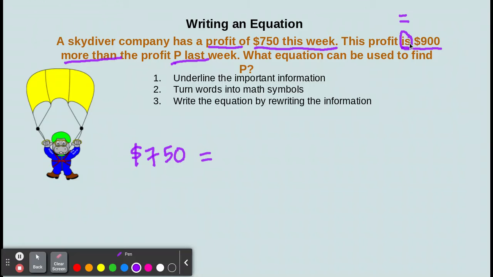So this profit is $900 more than, so add $900 more than the profit P last week. This profit, $750, is $900 more than, plus $900, P last week. So that is our equation.